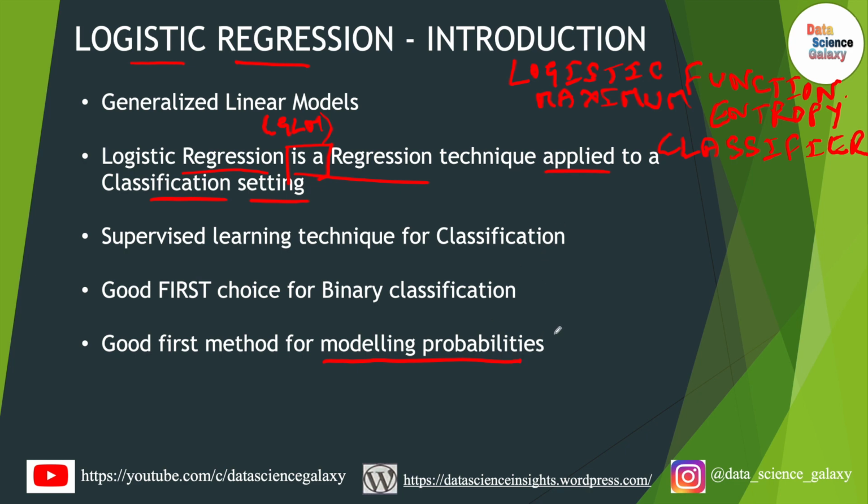Think about this for a moment. Probability values can range from 0 to 1, so it is the interval of 0 to 1. Logistic regression could help you directly predict values which are restricted to 0 and 1, as in that of probabilities. That's why it's a natural first choice for modeling probabilities.